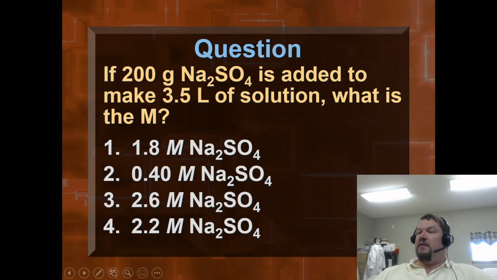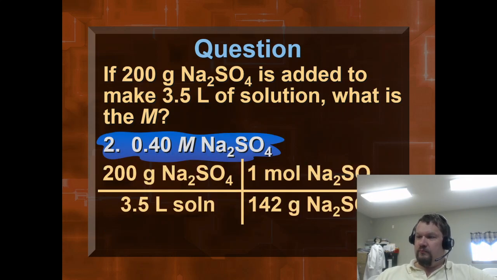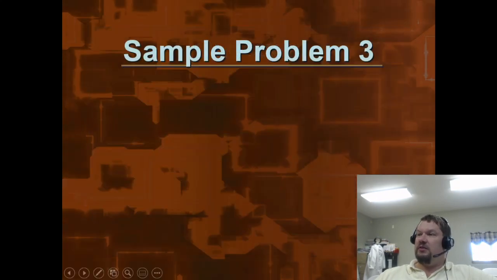All right, so what's the molarity of the solution? 0.41 molar, not gram, mole. 0.41 molar solution of sodium sulfate. 200 grams divided by 3.5 liters of solution, but we got to convert the sodium sulfate to moles, so that's about 142 grams per mole. Divide it out, you get 0.40 molar sodium sulfate solution.